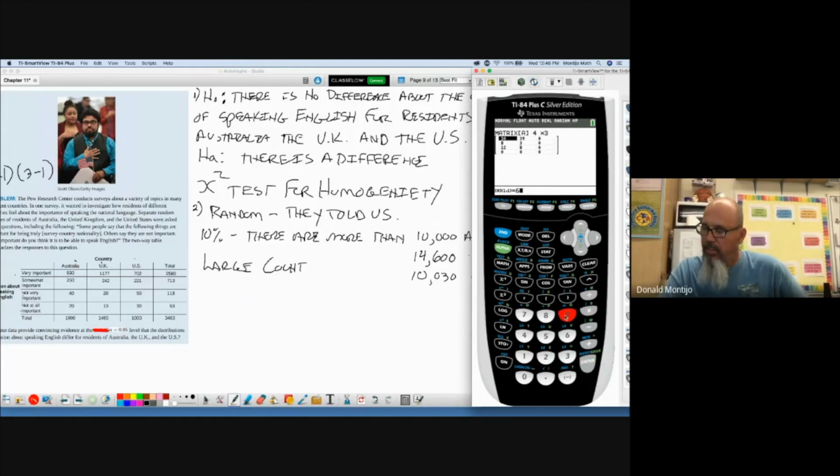So there was 690 in the first cell, 1177 in the second cell, 702, 250, 242, 221, 40, 28, 50, 20, 13, and 30.